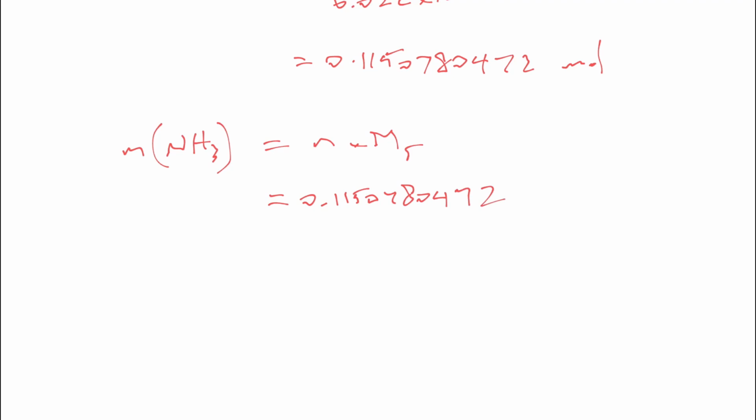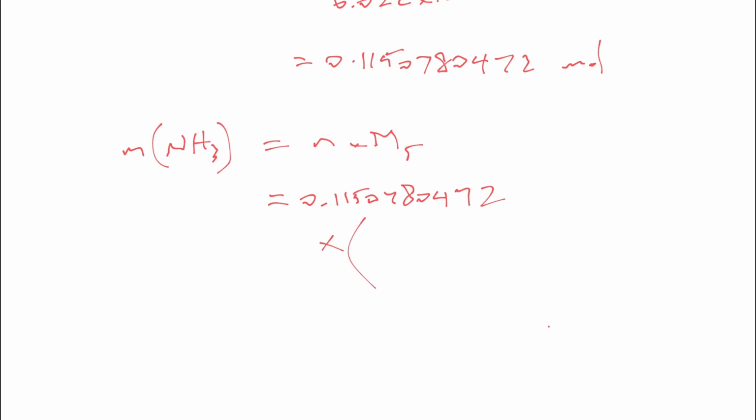So the mass of ammonia, remember moles equals mass over relative mass, so mass is equal to moles times relative mass. So we just bring that number of moles down, 0.11507800472, and we are multiplying this by the relative mass of ammonia.